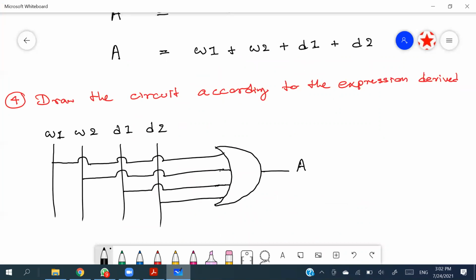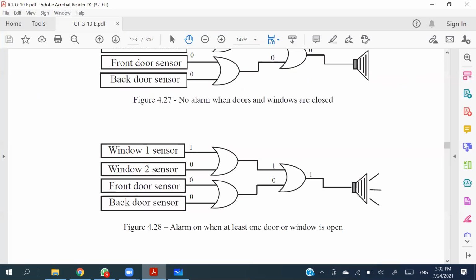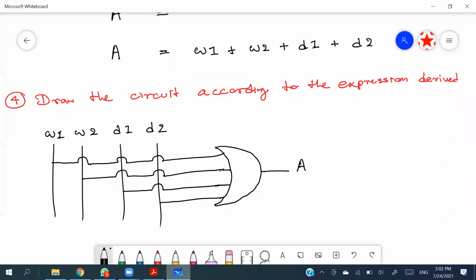Did you get this? So drawing the circuit in this manner or in this manner, both are correct, right? But this is the more efficient way of doing it, right?